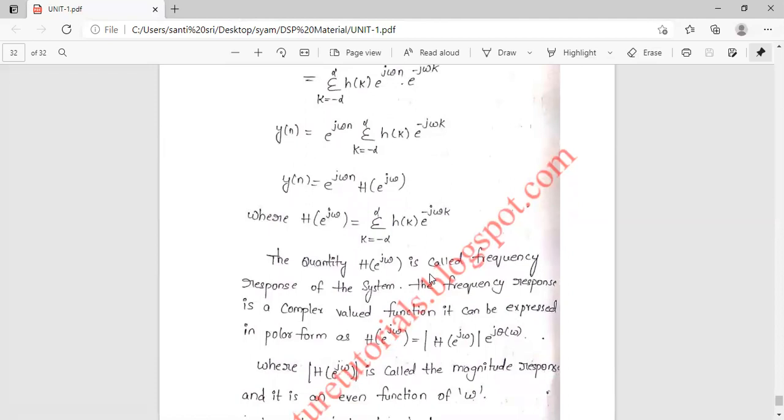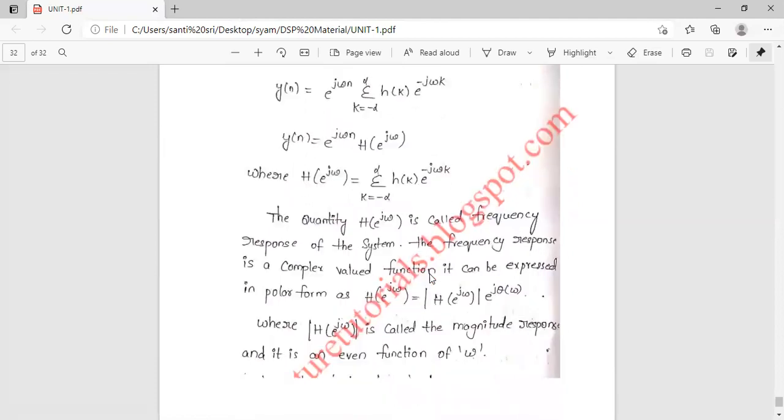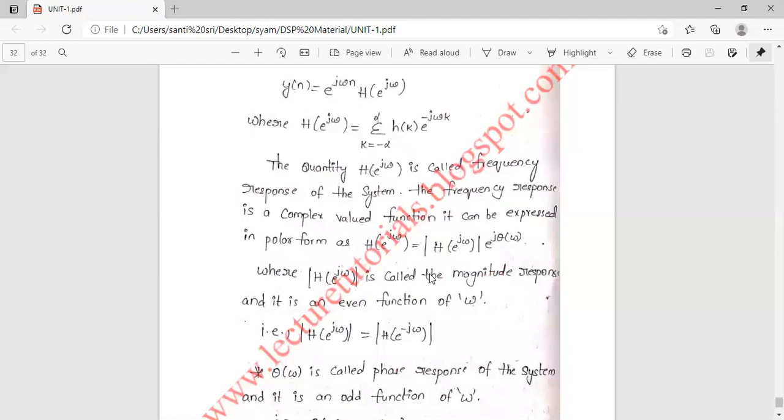It is in complex form there. So for our simplification, we will express this in polar form as H of e power j omega equals mod H of e power j omega into e power j theta of omega. Where mod H of e power j omega is called the magnitude response, and it is an even function of omega, that is mod H of e power j omega is equal to mod H of e power minus j omega.